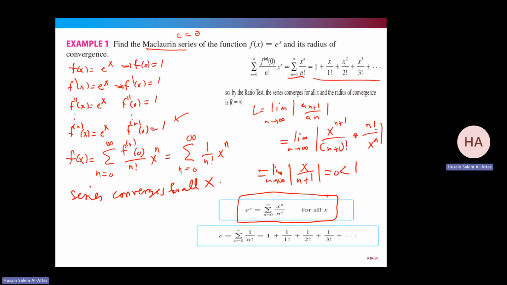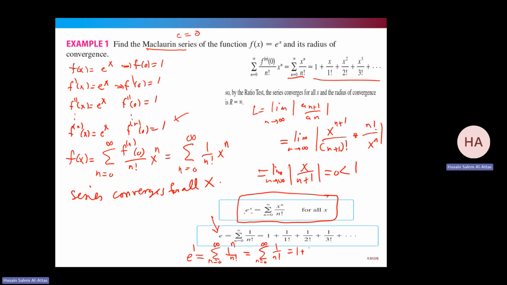So if you want to approximate e, instead of x, I'll write 1. If this is e to the power x, then e to the power 1 would be the summation n equals 0 to infinity of 1 to the power n, which is 1, over n factorial.